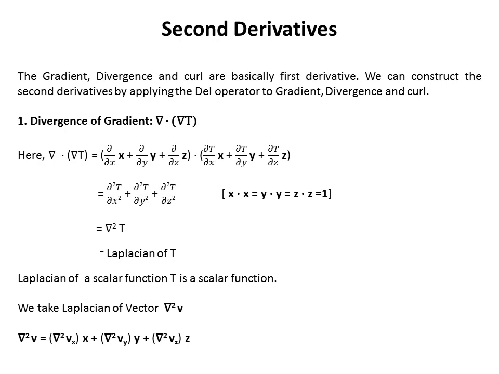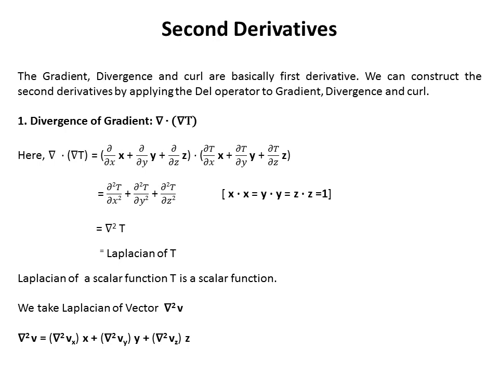So first is divergence of gradient, del dot del t. So here we get del dot del t is equal to del by del x plus del by del y plus del by del z dot del t by del x plus del t by del y plus del t by del z.